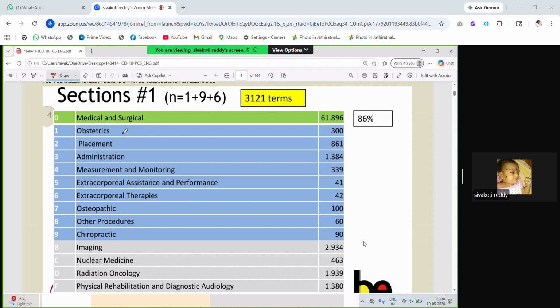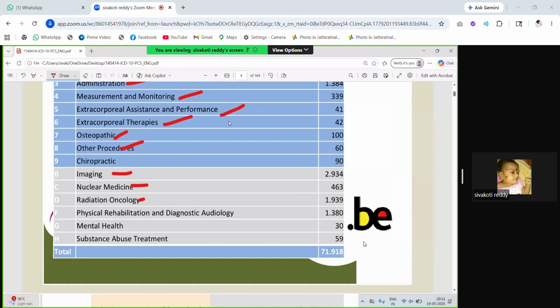Like medical and surgical related; obstetrics, meaning delivery related; placement; administration, meaning either medication or blood transfusion; measurements; extracorporeal assistance like mechanical ventilation and dialysis; extracorporeal therapies; osteopathic; other procedures; chiropractic; imaging; nuclear medicine; radiation oncology; up to new technology, we have some sections.